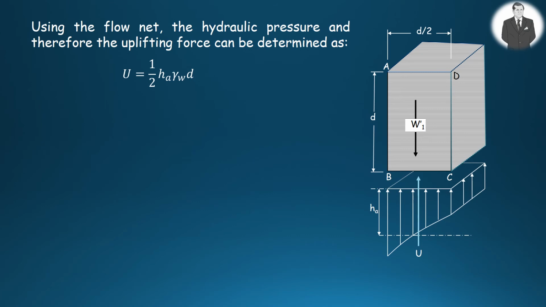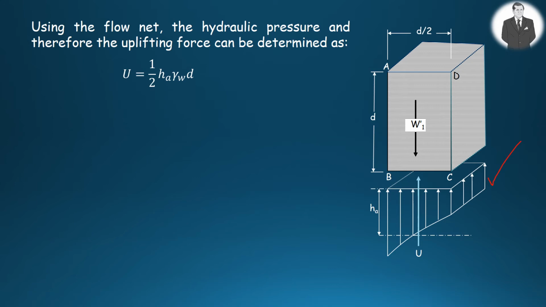The hydraulic pressure at the base of the soil prism, as shown in the figure here, can be obtained using the flow net. If you don't have any information about this or how to do it, refer to my flow net lecture on my YouTube channel.